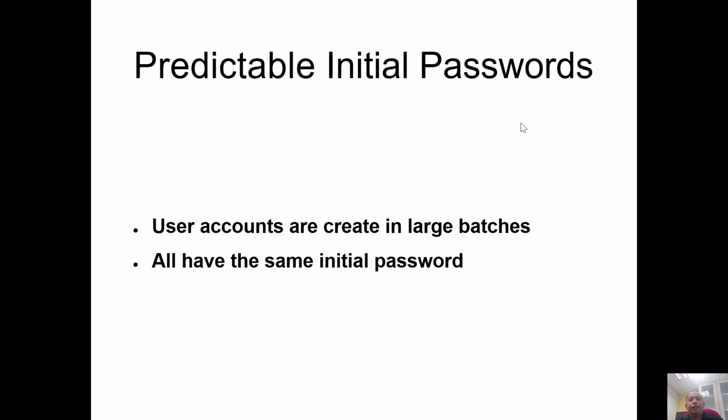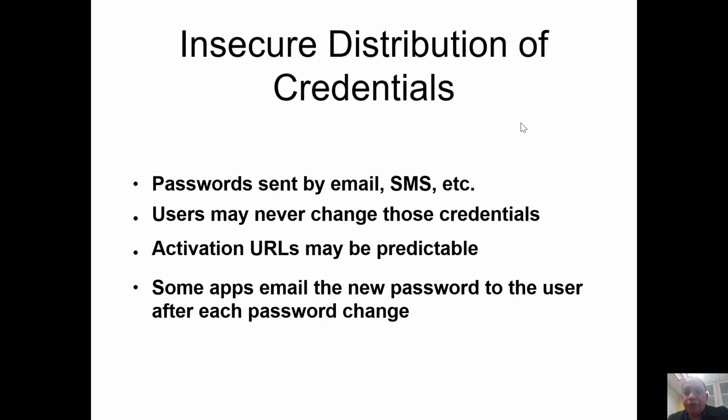Predictable initial password. Insecure distribution of credentials. Passwords sent by email, SMS, etc. are not very good. Users may never change those credentials. Activation URLs may be predictable. Some applications email the new password to the user after each password change.